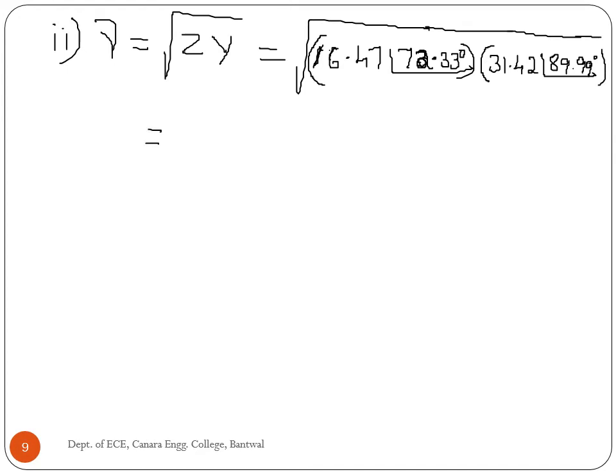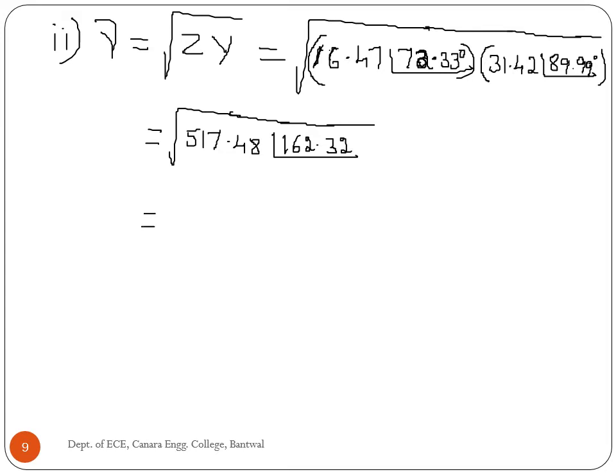When we multiply 16.47 with 31.42, we get 517.48, angle 72.33 plus 89.99 is equal to 162.32.